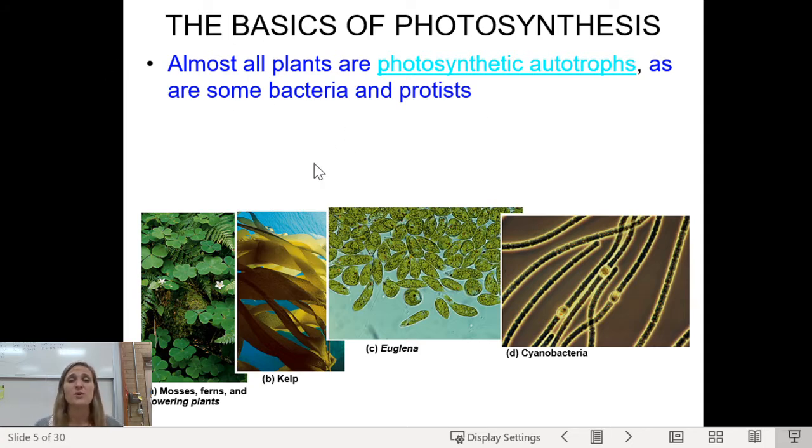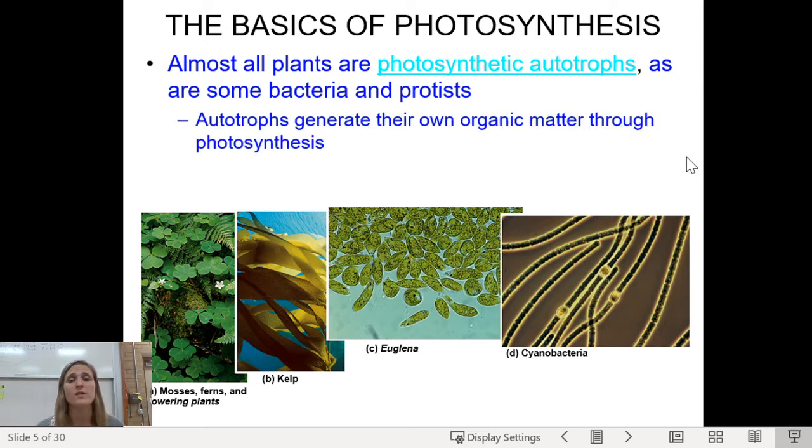So the basics of photosynthesis. Almost all plants are photosynthetic autotrophs. So you need to know that term, photosynthetic autotrophs, which includes plants, bacteria, and some protists, right? They can make their own food. So autotrophs generate their own organic matter, meaning sugar, through photosynthesis.